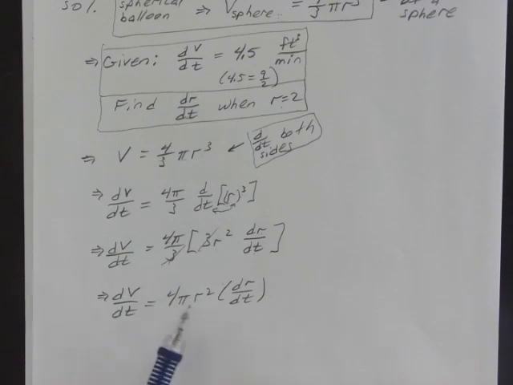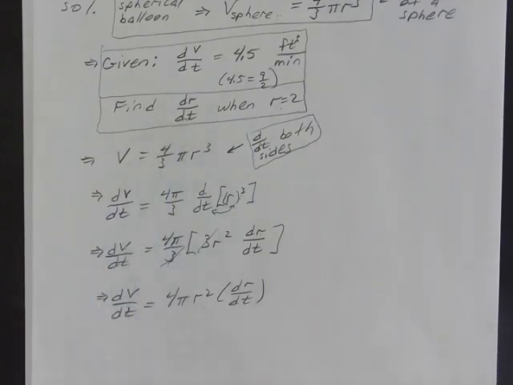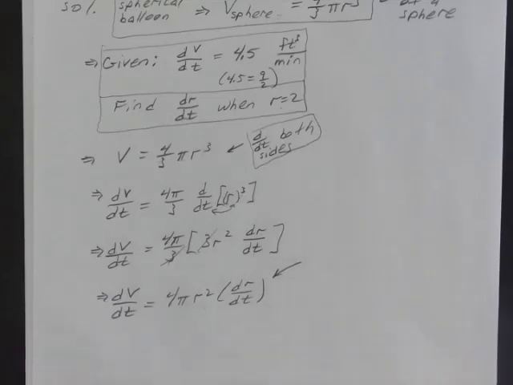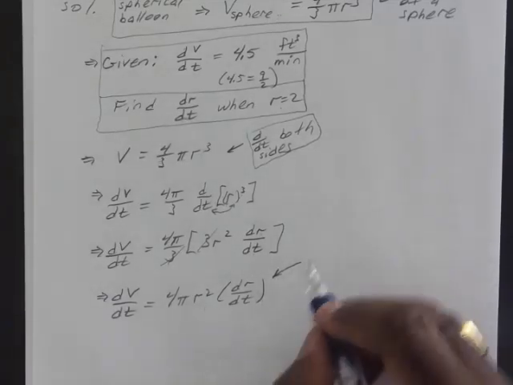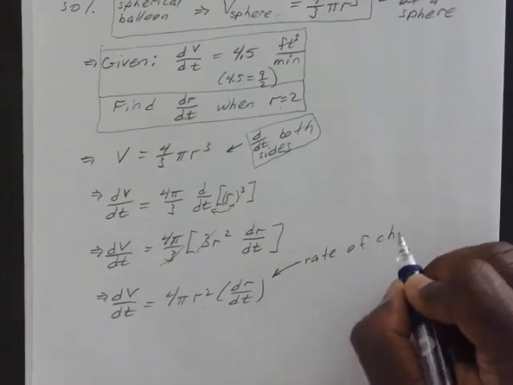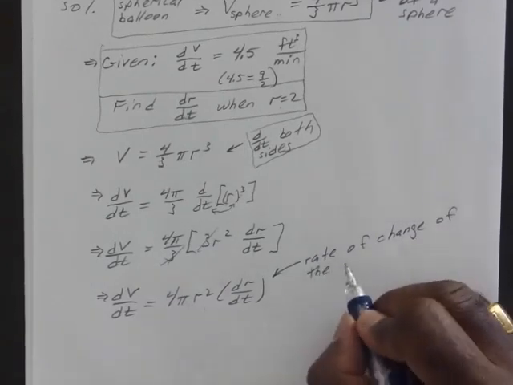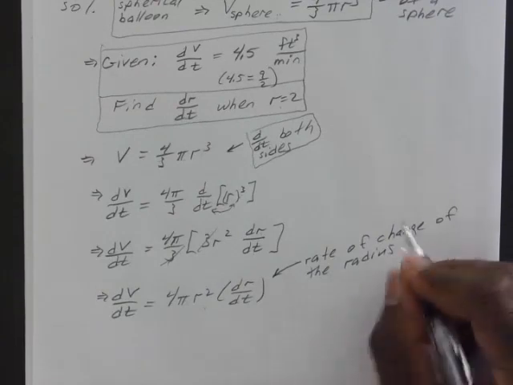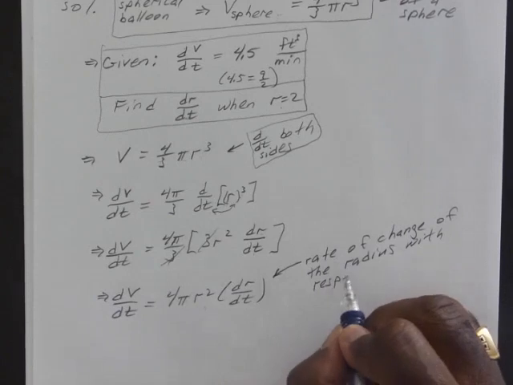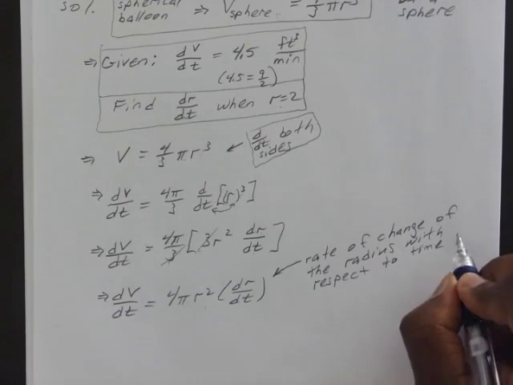Okay. Now for this problem, we're actually solving for our dr dt, so we have to isolate it. So we want to divide both sides by 4 pi r squared. So this is actually our rate of change of the radius with respect to time t.